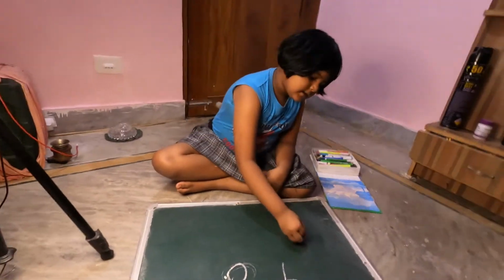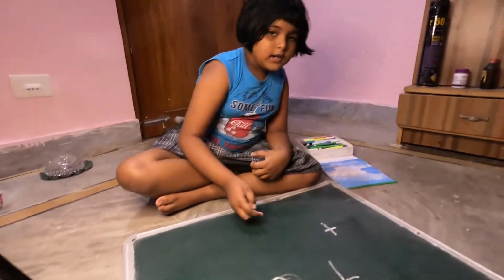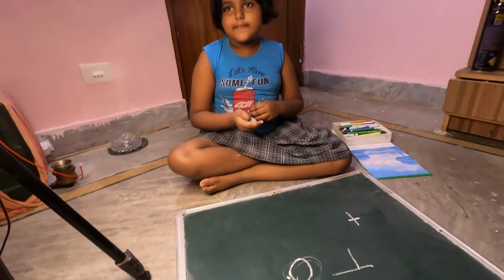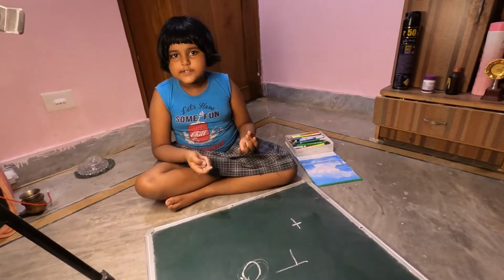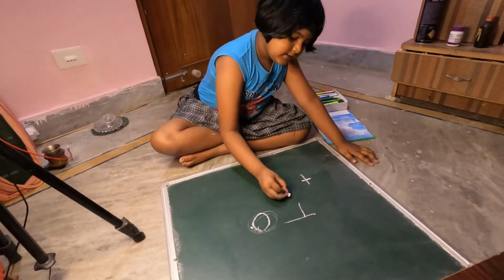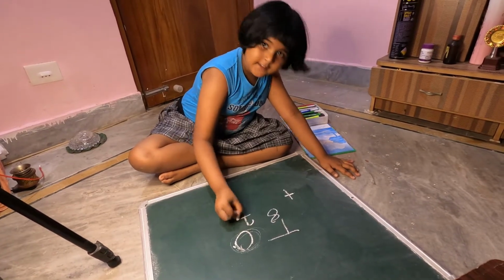Then plus. This is like addition only, like two digits. This is the addition of two digits. Then write 81.